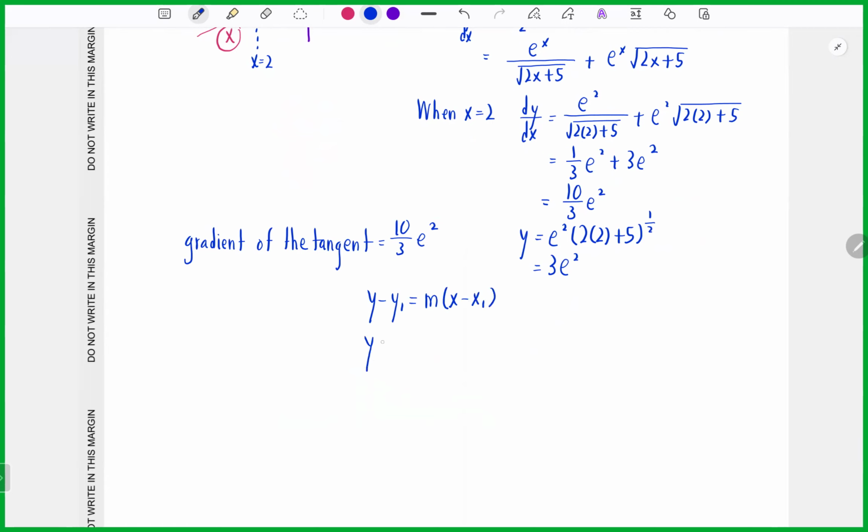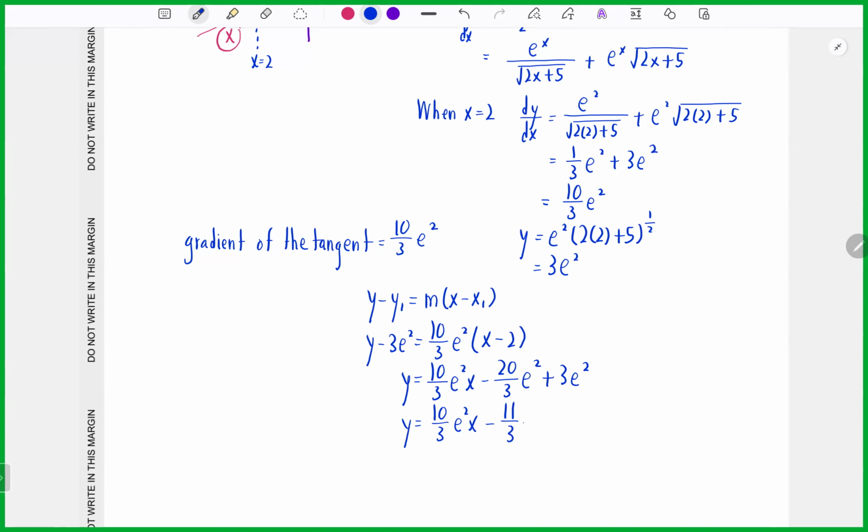So y minus 3e squared equals 10 over 3 e squared times (x minus 2). So y equals 10 over 3 e squared x minus 20 over 3 e squared plus 3e squared. So y equals 10 over 3 e squared x, 3 minus 20 over 3, minus 11 over 3 e squared. Okay, so you already get this equation, right?